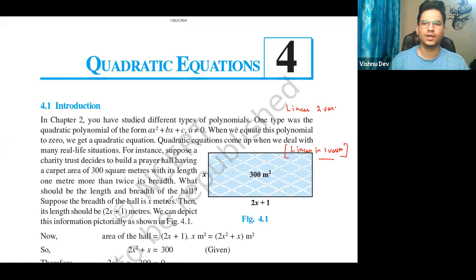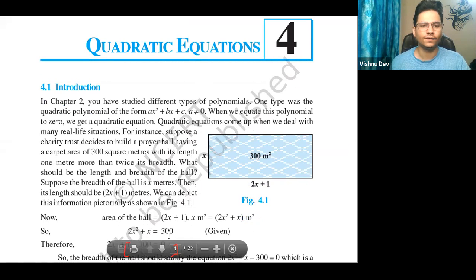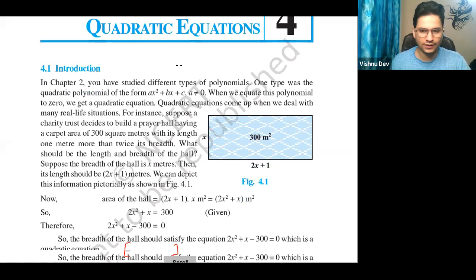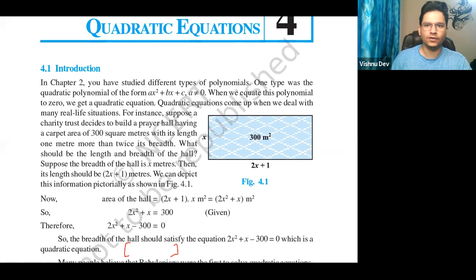Now we know this is a quadratic equation. By definition, it is the product or multiplication of two linear equations. So the first thing we need to do is convert it to the form ax square plus bx plus c.